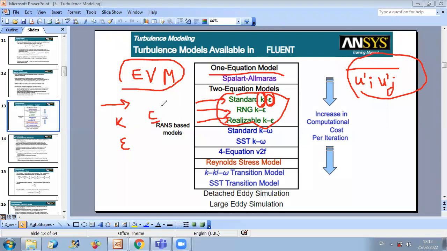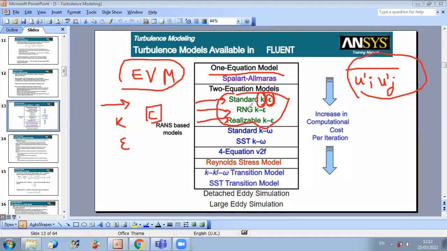These constants are determined empirically, and we can modify the form of the equation to tackle other applications. We will see, for example, that the standard K epsilon will perform well in certain applications, while we have seen deficiency in other applications.